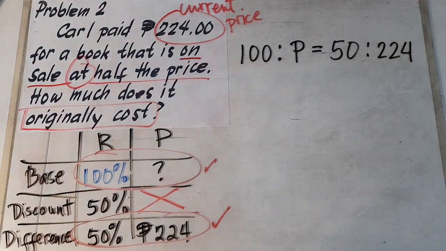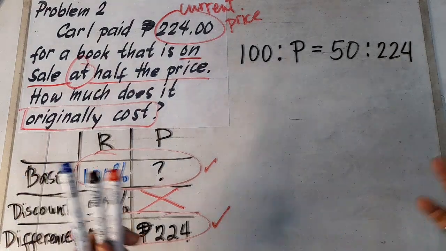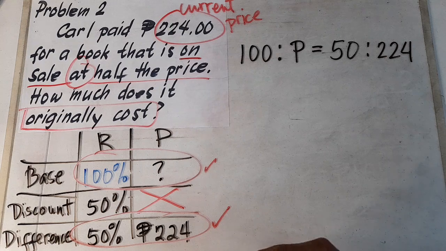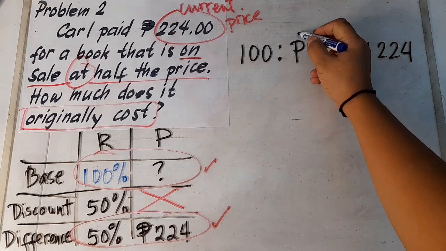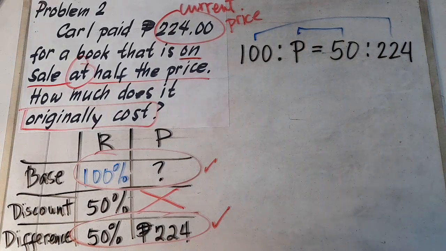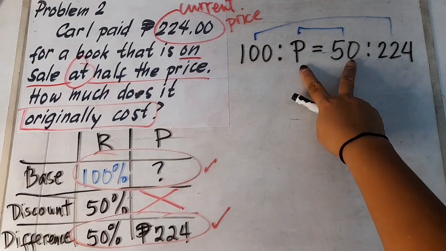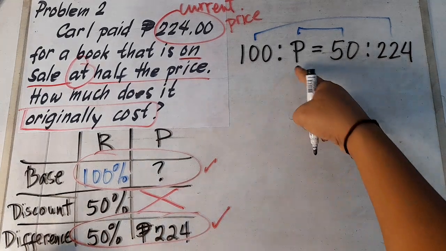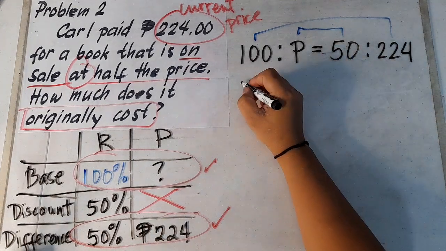Okay? So, following, yung proportion, no? It's a direct proportion problem. We have the product of the means and the product of the extremes. Okay? Ang unknown natin ay nasa means. So, unahin natin isulat yung means natin. So, P times 50.